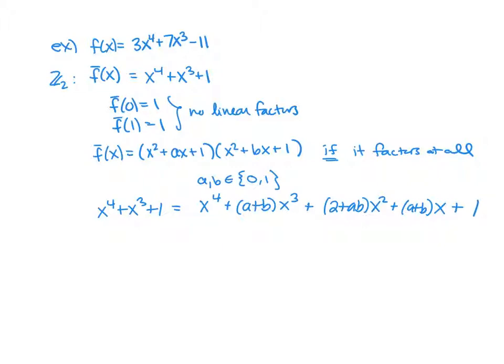So just equating our coefficients, looking at our x cubed coefficient, we see a plus b has to be congruent to 1. But looking at our linear coefficient, it's also a plus b, but there is no x on the left-hand side. So this says a plus b has to be 0. So this is impossible. These can't both be true. And so there is no such factorization.